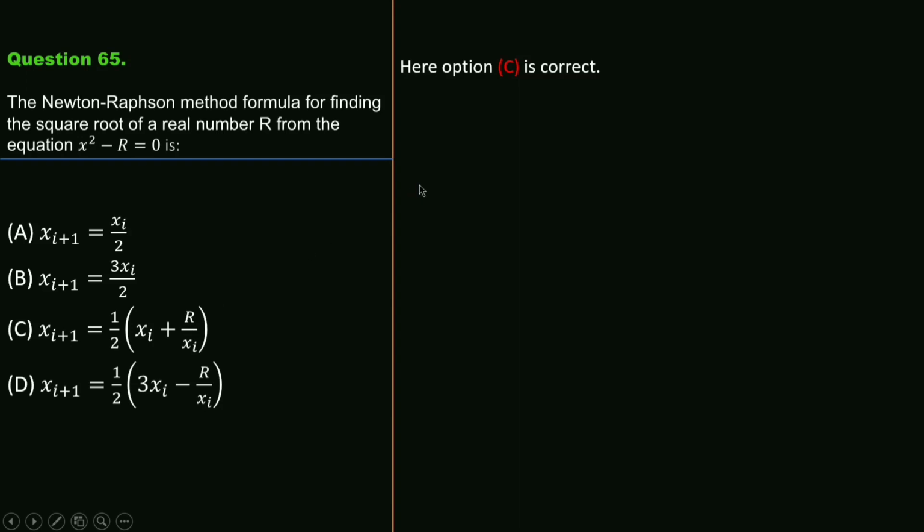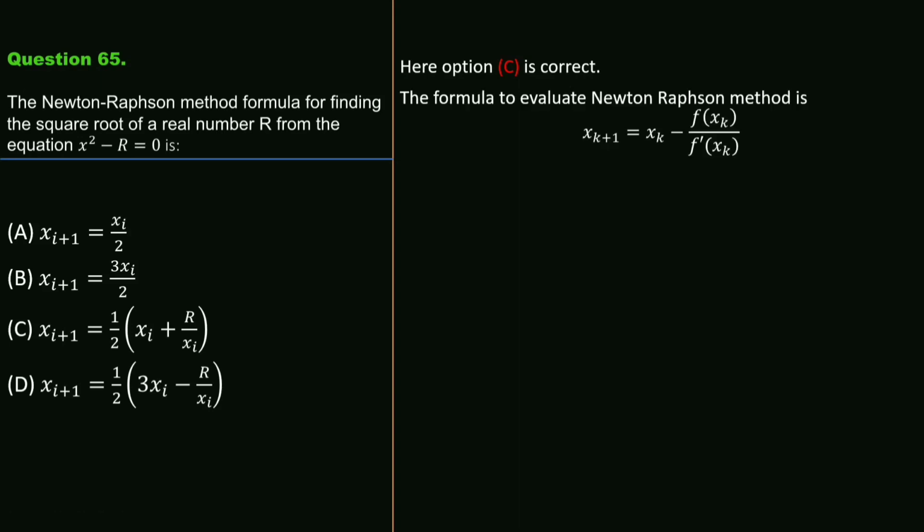So let us find out. We know that the Newton-Raphson formula to evaluate the root is given as x_{k+1} = x_k - f(x_k)/f'(x_k). Here f(x) is x squared minus r, and we have to find f'(x_k). So f'(x) is given as 2x, and in place of x we can write x_k.